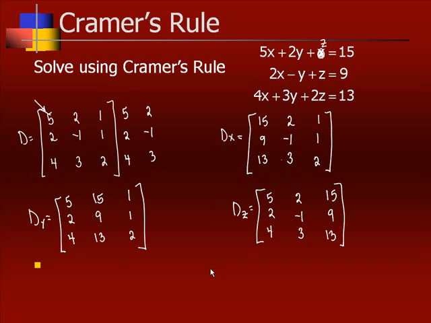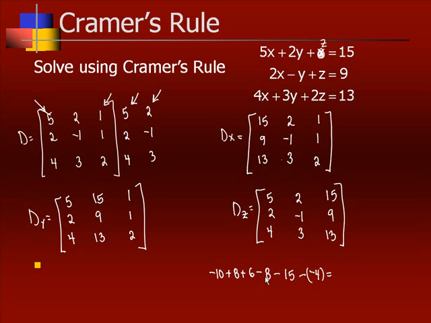So for that first one, we would get 5 times -1 times 2, which is -10, plus 2 times 1 times 4 is 8, plus 1 times 2 times 3 is 6, minus 2 times 2 times 2, now I'm working backwards, 2 times 2 times 2 is 8, minus 5 times 1 times 3 is 15, minus 1 times negative 1 times 4, which would be negative 4, which would be negative 2.